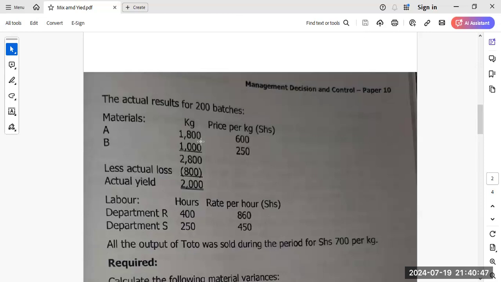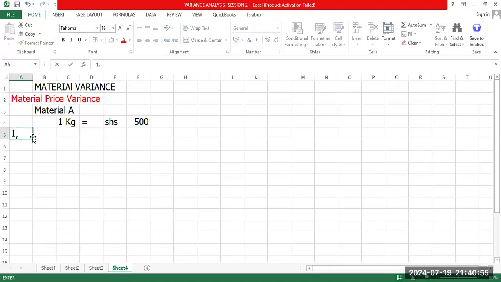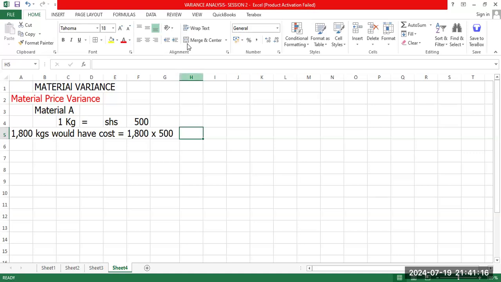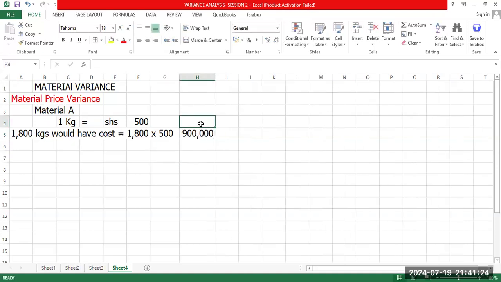So that is our total number of kgs. 1,800 kgs would have cost how much? 1,800 times 500. How much do you get? 900,000. Perfect. This is shillings.